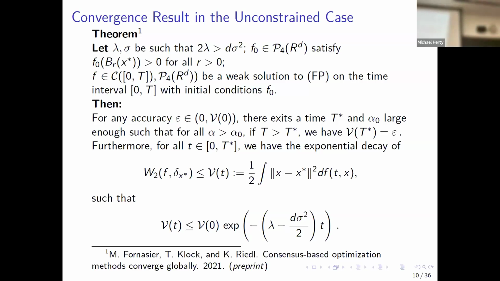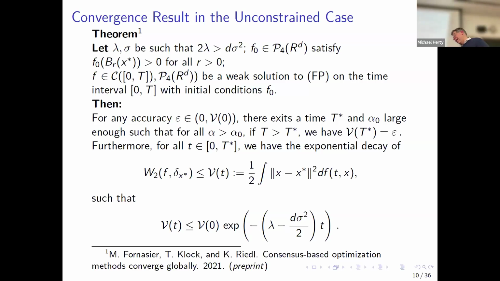But maybe the more important point is that the theory gives you a relation on how to choose these two parameters. The second important assumption, why the mean field is maybe necessary, is this assumption. This says that the particles have to be chosen in such a way that the true minimum lies in the support of the initial distribution.